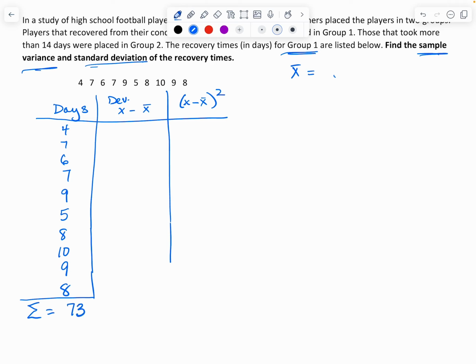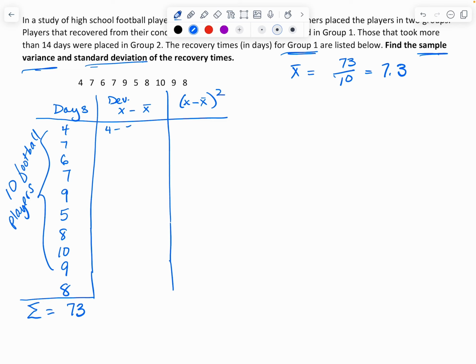If I sum that up, I get 73. Remember that this is 10 football players. So my x bar is going to be 73 divided by 10, which is 7.3. So the average number of days is 7.3.